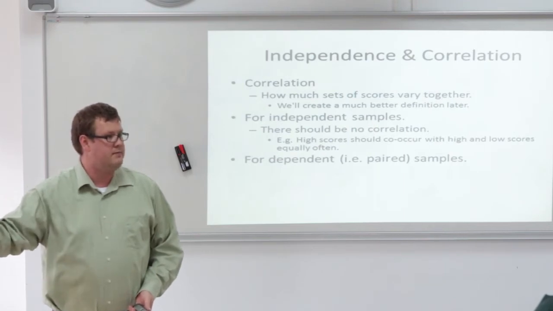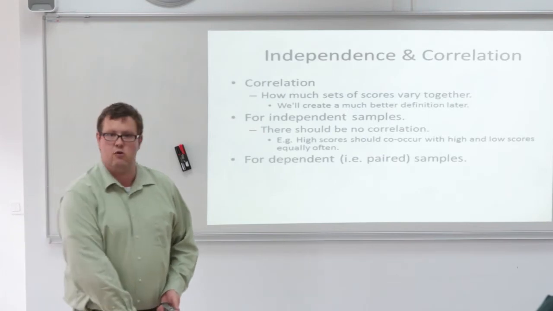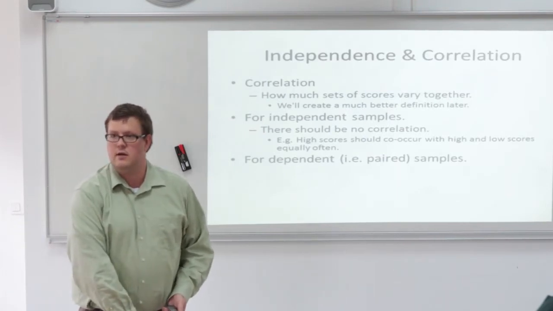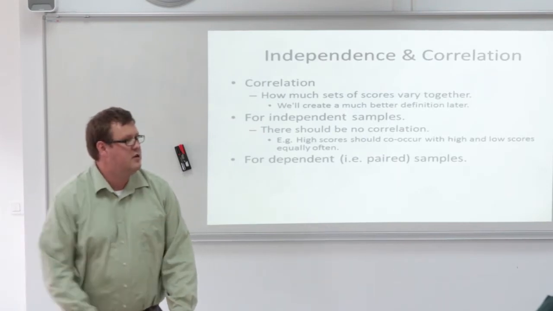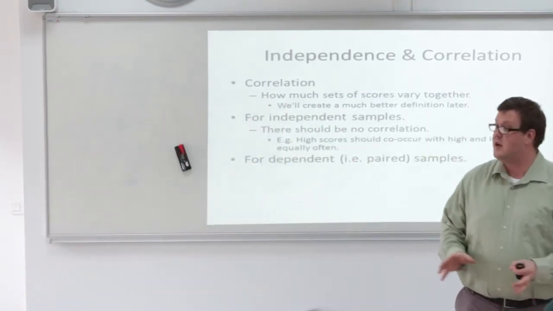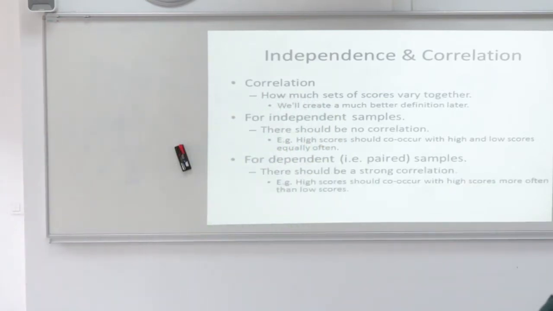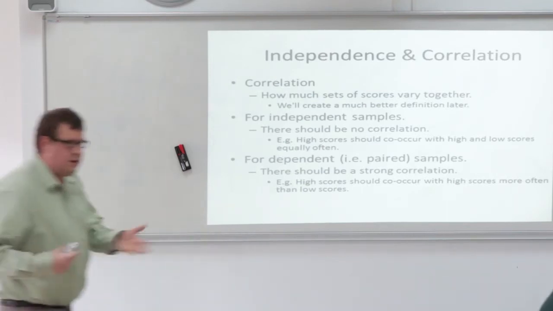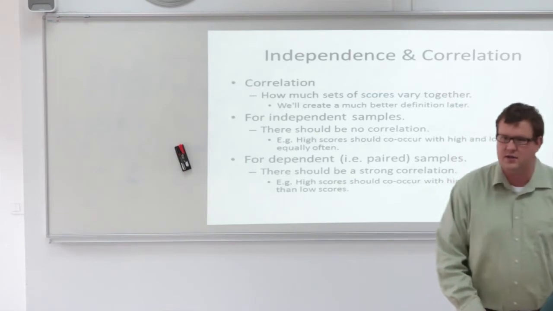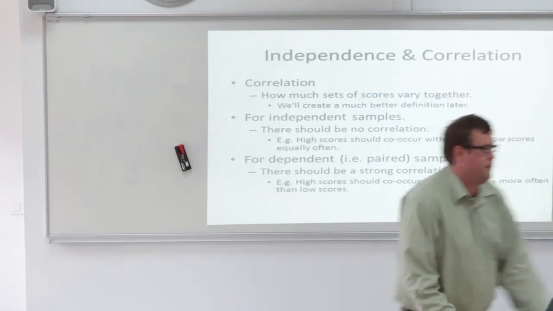There's a very close relationship between Ramza at time 1 and Ramza at time 2, right? Some things have changed. But compared to the independent situation, things are much, much more tightly coupled together. So there should be a strong correlation, which would mean that people that got a high score in the one sample should also be the people who tend to get high scores in the other sample, if we have a positive correlation, right?